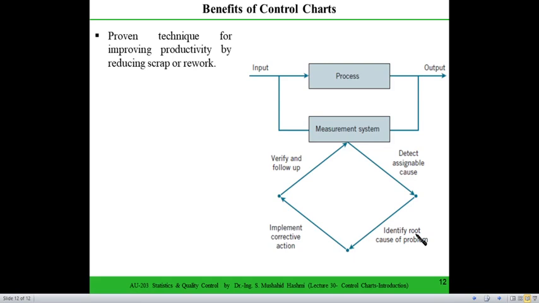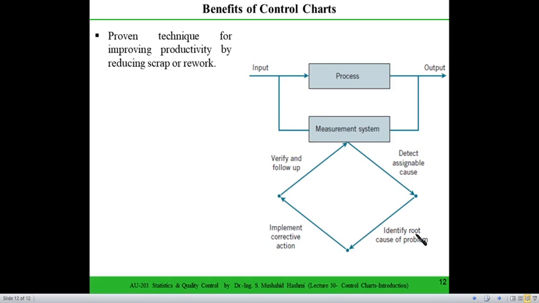In a production setup, most of the time we want to increase the productivity of our process. Productivity means more output with the same input. Whatever scrap or rework we have to do because of not coming to the standard and not meeting the specification and the requirement, you are going to lose productivity. So once you are developing control charts where your process is within control, then obviously you are improving the productivity.